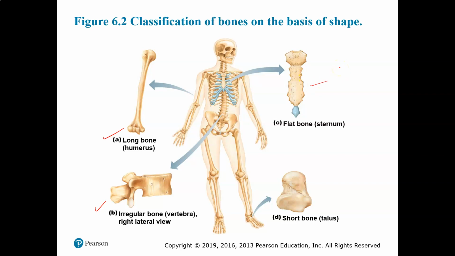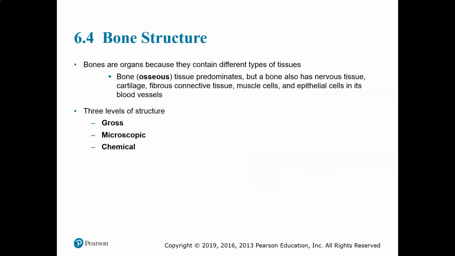This is the breastplate that your ribs are attached to, some of them anyway. And then the talus is a bone in the ankle. It's one of the tarsals. It's kind of cubic shaped. I mean, it's not going to be a perfectly shaped cube, but it's short. You can see it's cubic shaped in comparison to long bones.